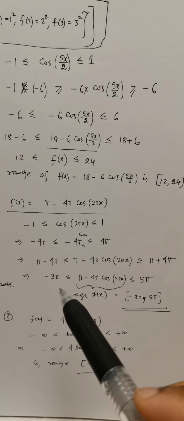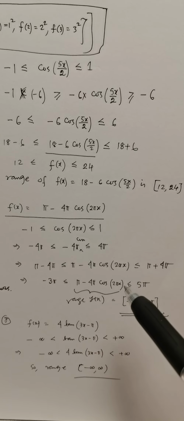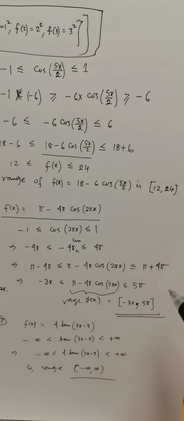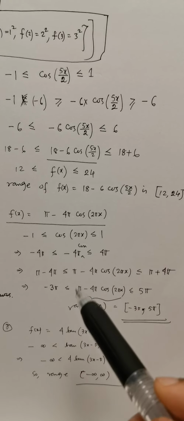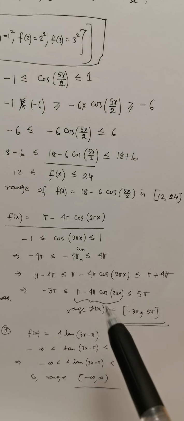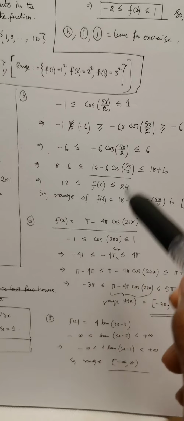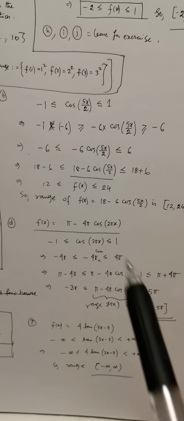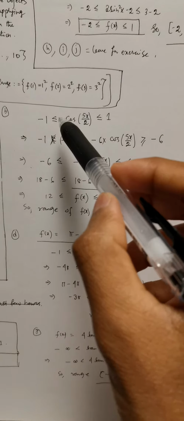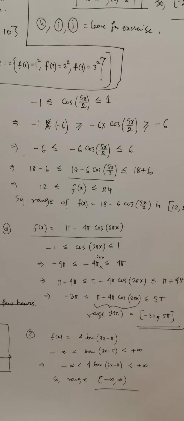So you get minus 3 pi less than or equal to the function less than or equal to 5 pi. It's just simple calculation. So the range will be minus 3 pi comma 5 pi. Have a look carefully: if you know the range of the basic trigonometric function, the rest is just calculation.